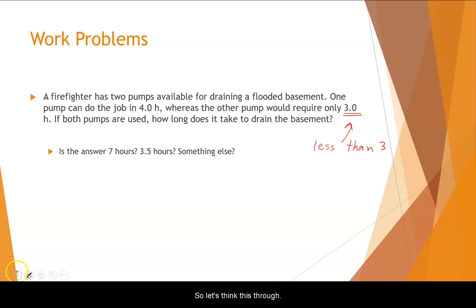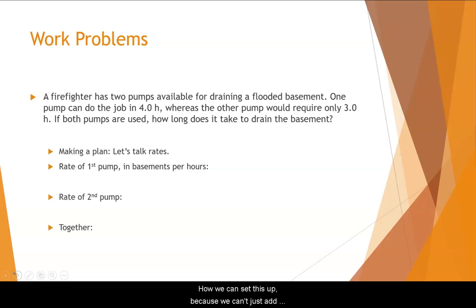So let's think this through, how we can set this up, because we can't just add the numbers together. We can't just average 3 and 4 because we'd end up with 3.5. So let's talk about rates. The rate of the first pump, it can drain the basement in 4 hours. And so I can think of this as the rate of the first pump being one basement drained in 4 hours.